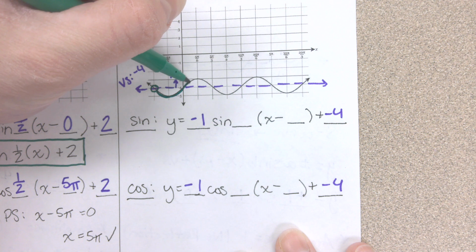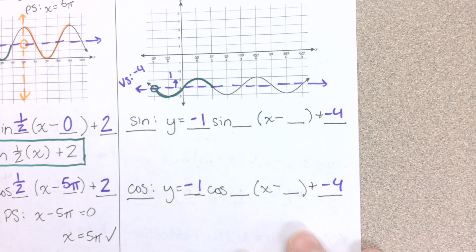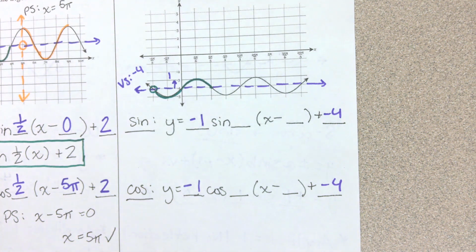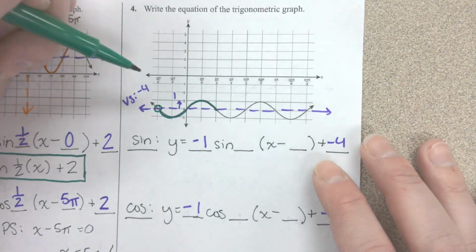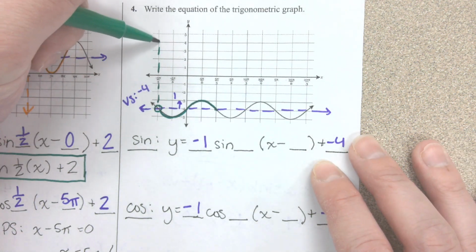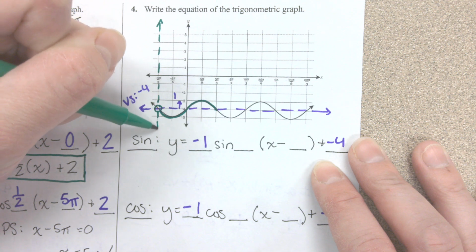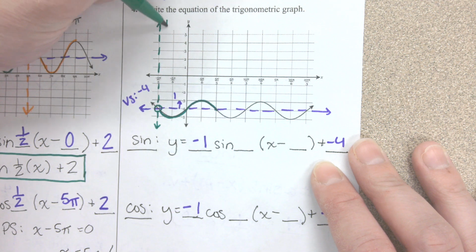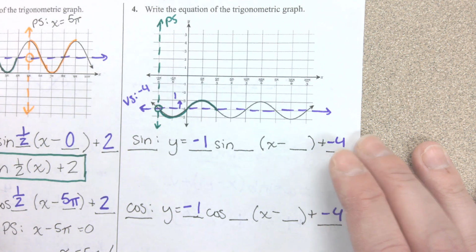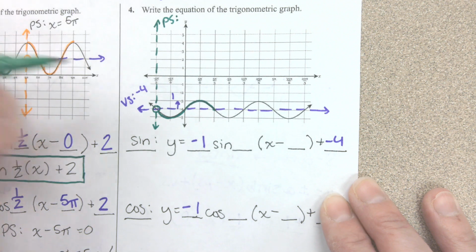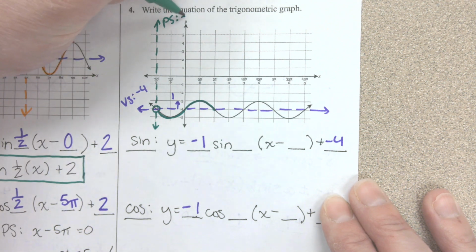Here's my sine curve. And for emphasis, I'll draw that phase shift vertical line in there. And as you can see, it's through -5 pi over 3.